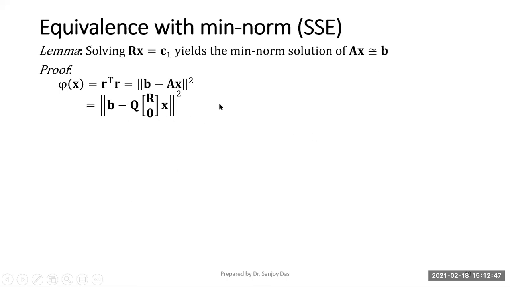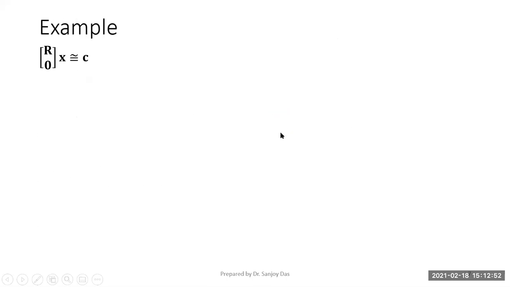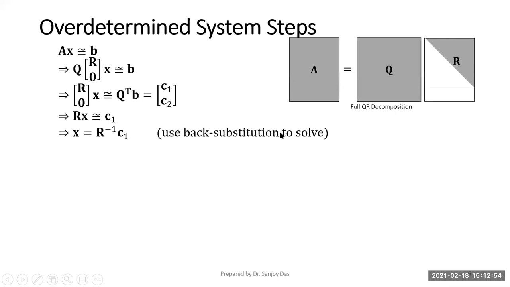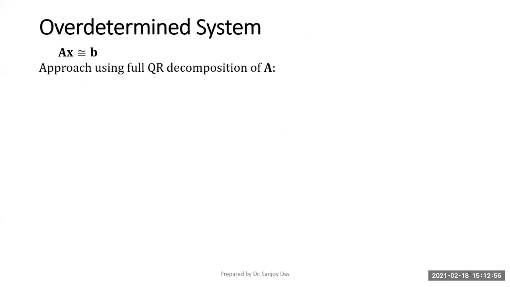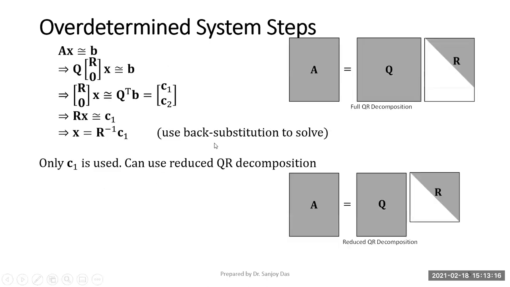But in practice, when solving an overdetermined system using the QR decomposition method, we don't have to use the full QR decomposition, because we are dropping the C2 anyways. We're simply solving for Rx equals C1, and so we can use the reduced QR decomposition here.